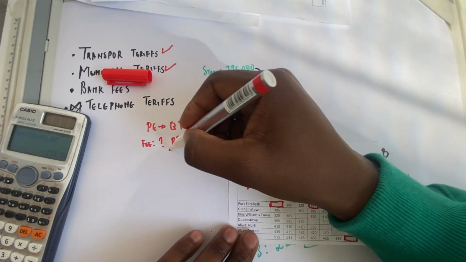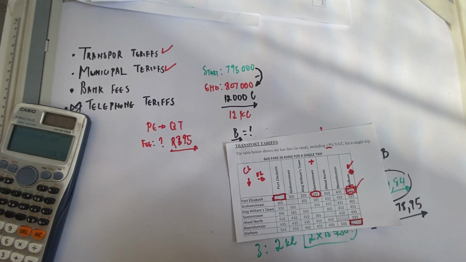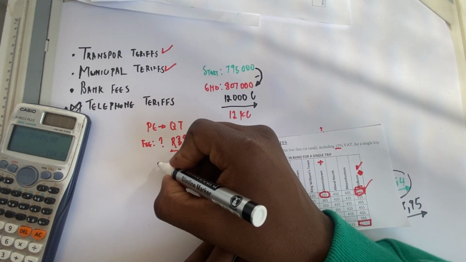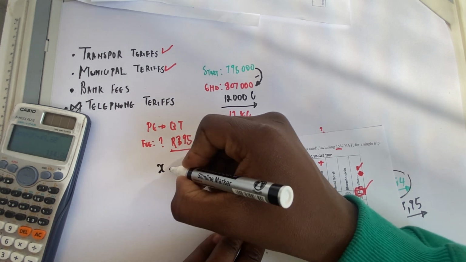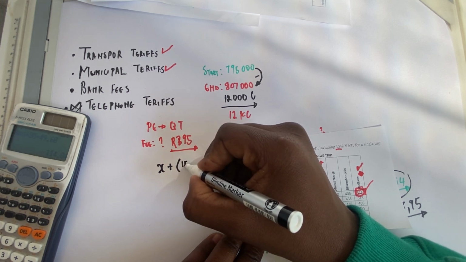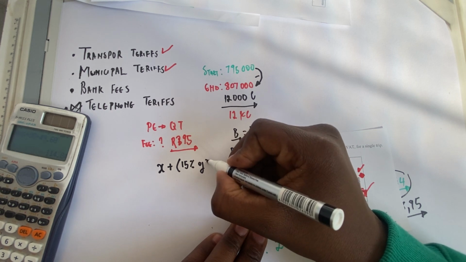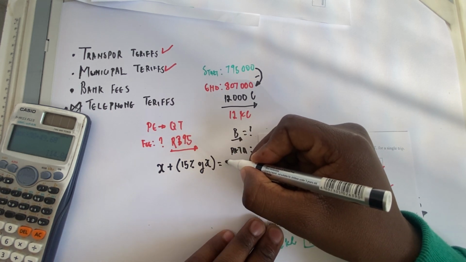395. Now since this is the amount, I want you to look at it as if you were not given the amount with VAT. You were expected to calculate the VAT. If I'm calculating for VAT, I'm going to say the X amount, whatever amount that I have, the X amount plus 15% of that amount should give me the amount with VAT.